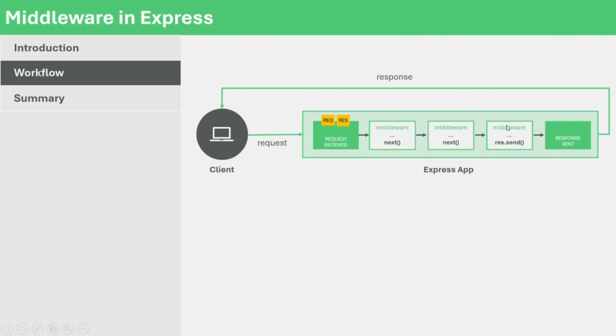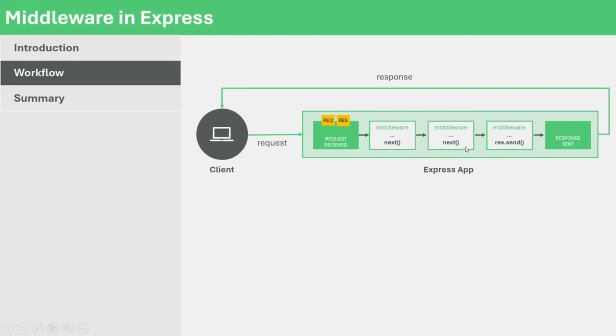And in the last middleware, a response will be created and sent back to the client. So generally, the last middleware is the route handler function, which creates the response and sends it back to the client. But before the route handler function, we can also have other middlewares which can manipulate the request or response object in some way. And all these middlewares together create a middleware stack.